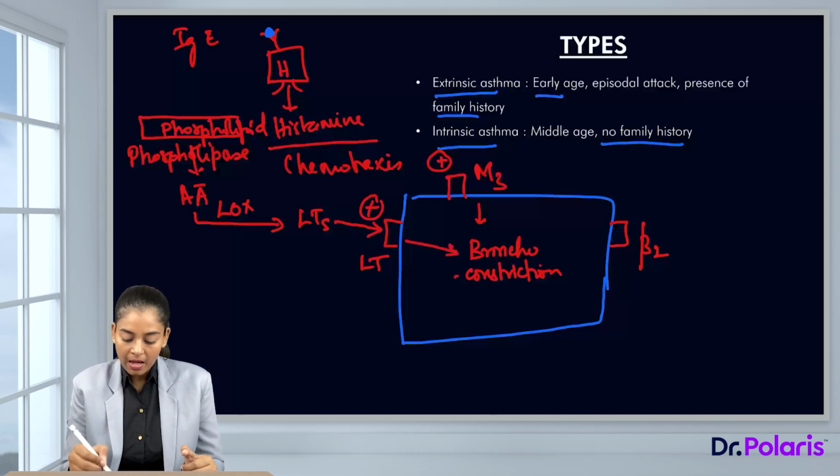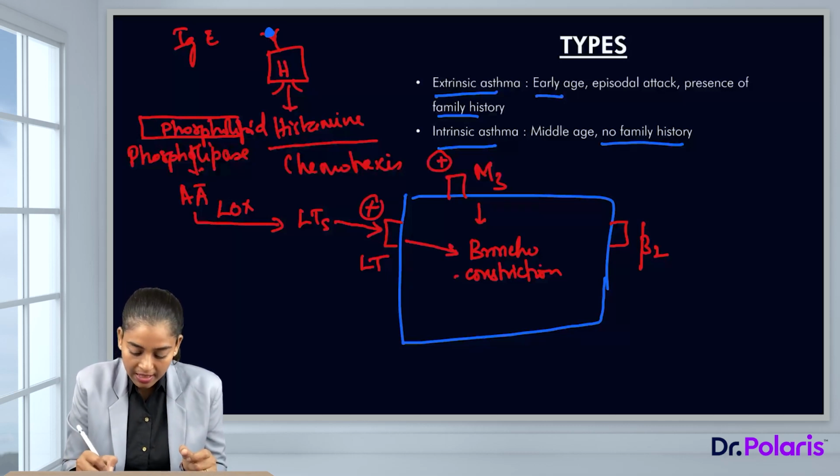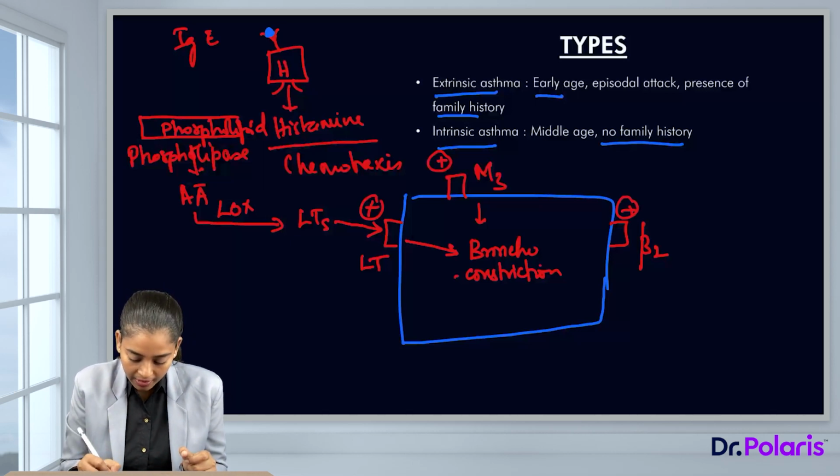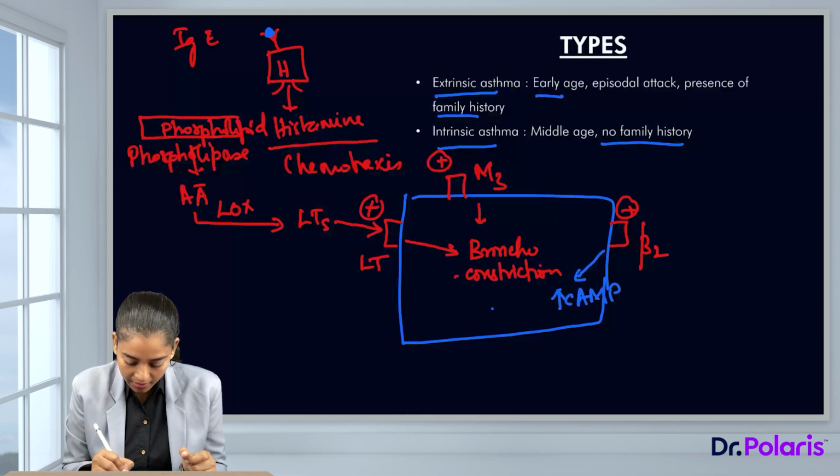Beta receptor: when the beta receptor, which is present on the bronchial smooth muscle, is activated, it will increase cyclic AMP, which causes bronchodilation.